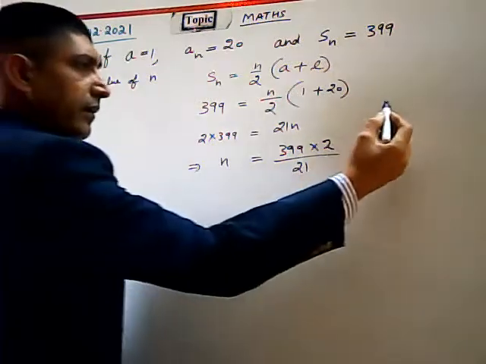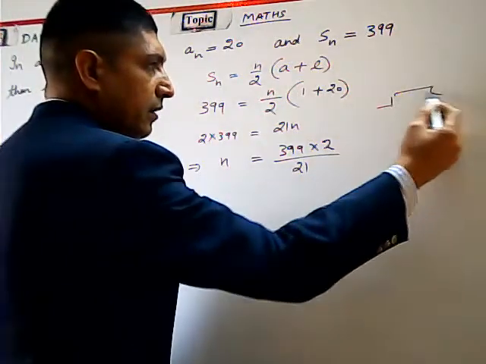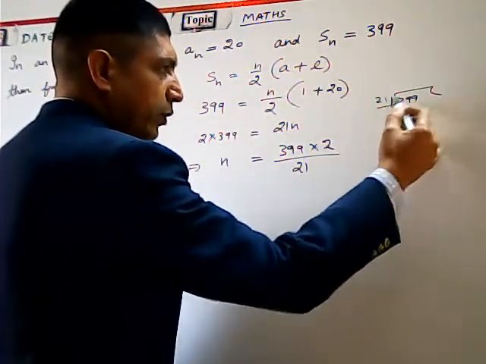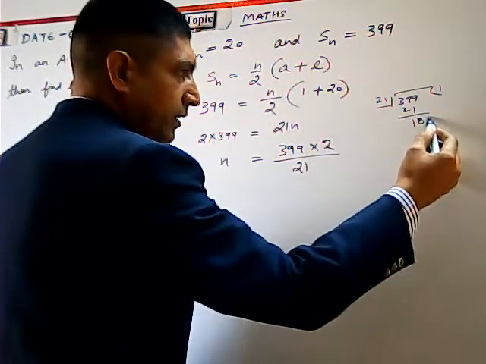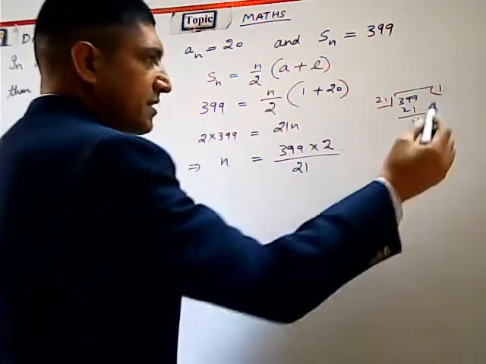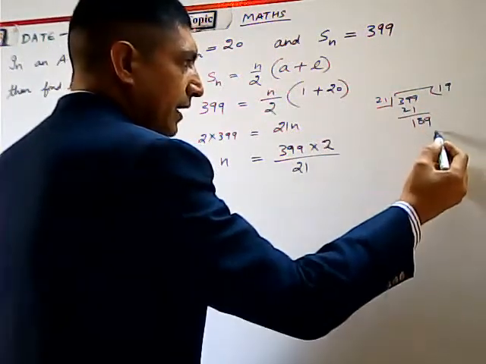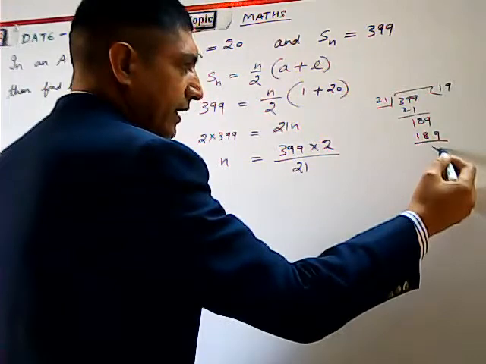When we divide 399 by 21, we get 19, 9 ones are 9, 9 twos are 18.